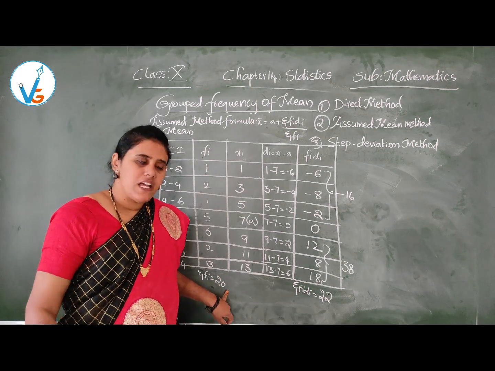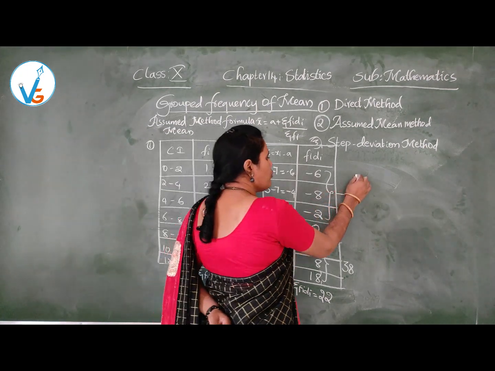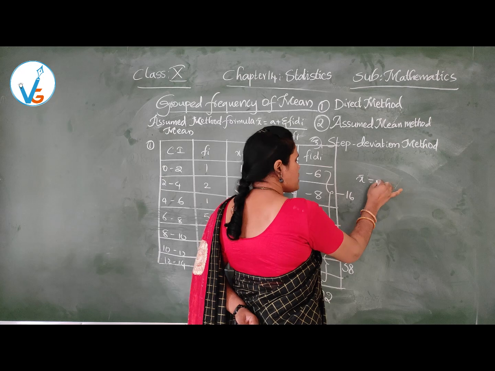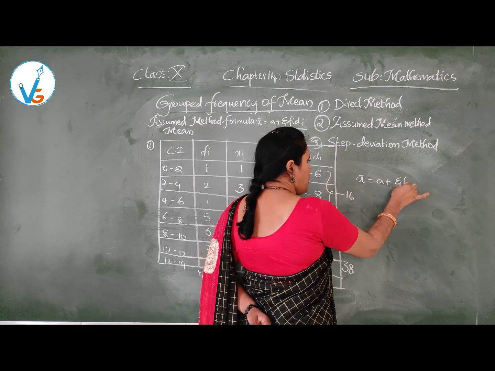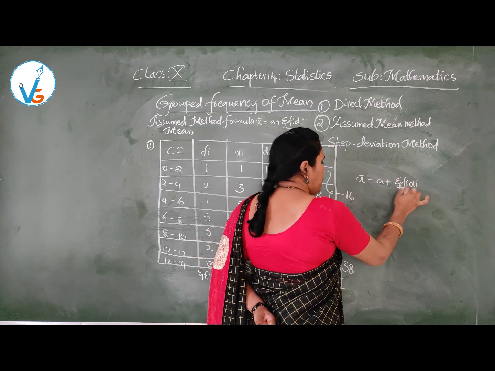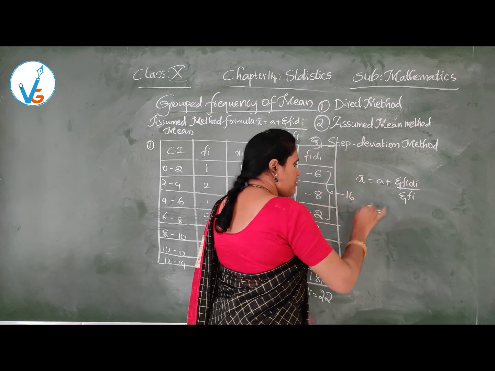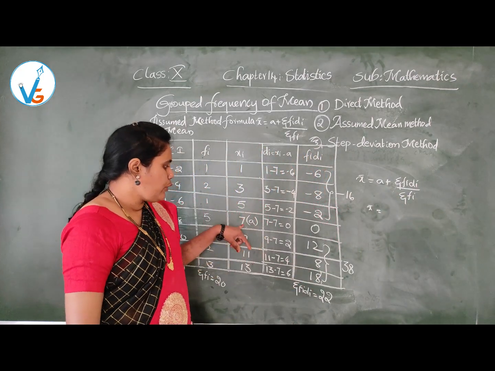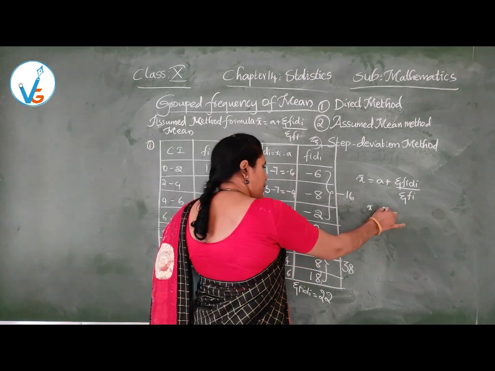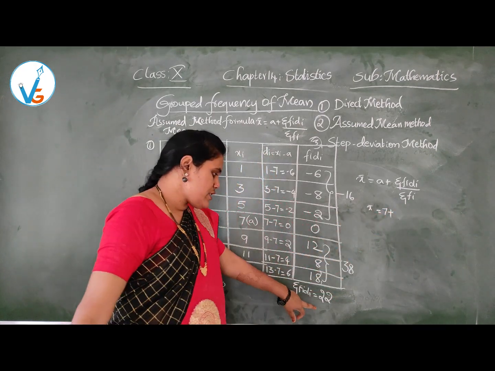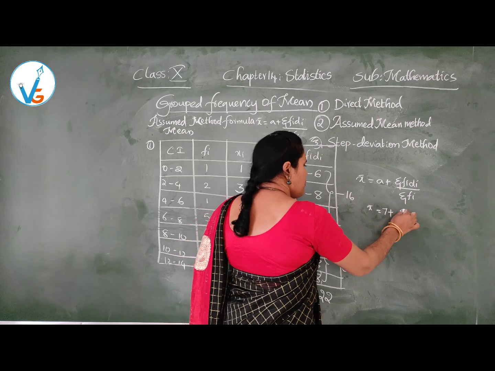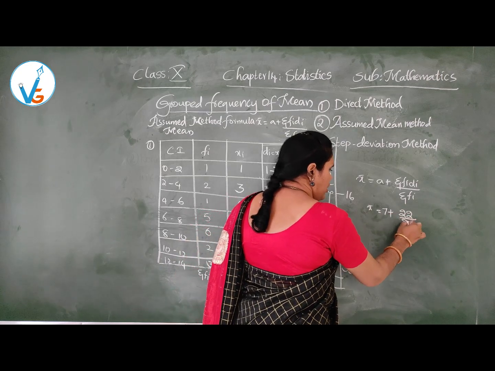as we have done in our previous problem. Now what we have to do? We have to substitute in the formula. X bar is equal to a plus sigma Fi di by sigma Fi. So here x bar, which is equal to, what is your a value here? 7. 7 plus sigma Fi di is 22 and sigma Fi is 20.